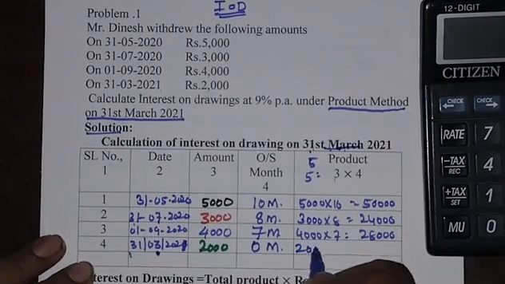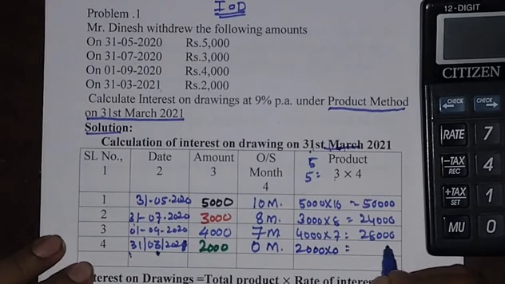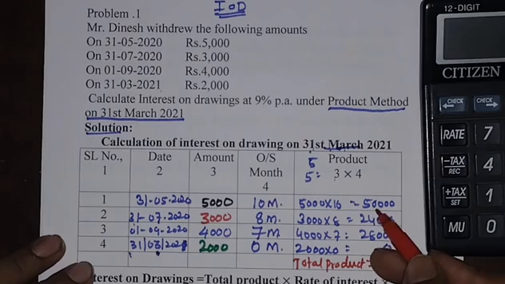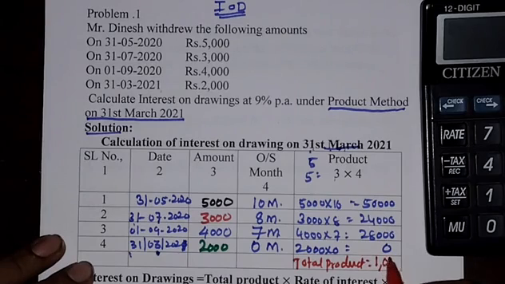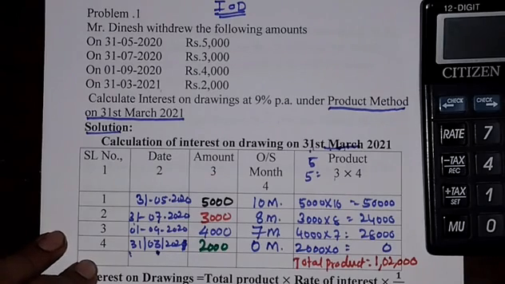At last 2,000 into 0, it is 0. And I need to make a total of this. This total is called the total product. Yes, 50, 24, 28. If I add up all these, the total amount is 1,02,000. This 1,02,000 is called the total product.